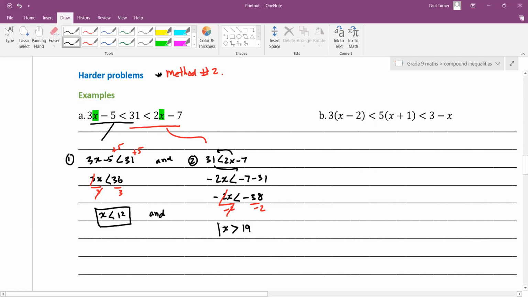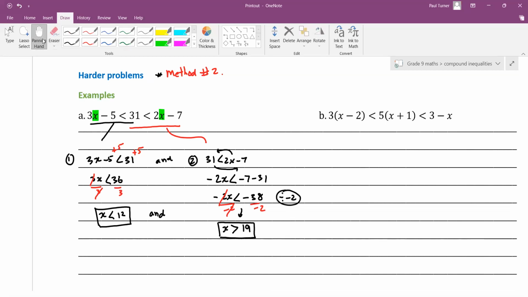Okay, look at that. Now we have something interesting. These have to both be true. Are you okay with this? We divide by a negative, so make sure you change your sign direction because we divided by negative 2.